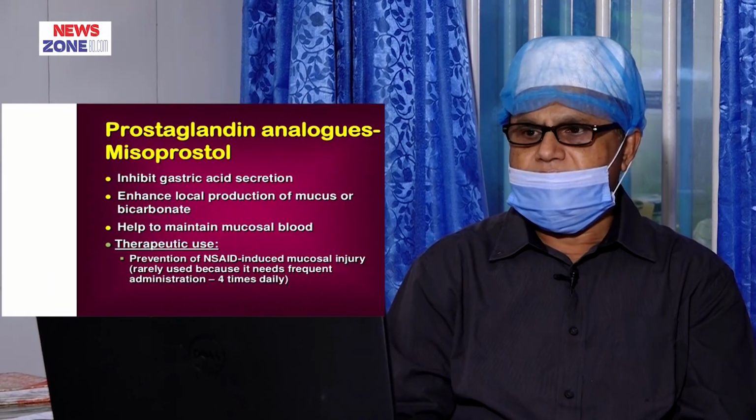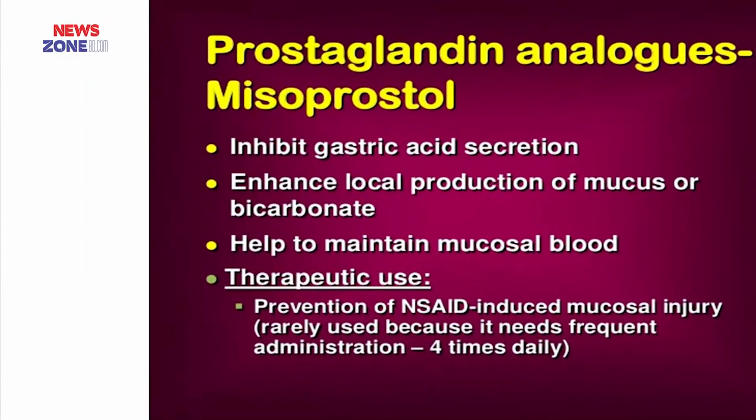Prostaglandin analog, misoprostol, that is a mucoprotector, inhibits gastric acid secretion, enhances local production of mucus and bicarbonate, and helps to maintain mucosal blood flow. Therapeutic use of misoprostol: prevention of NSAID-induced mucosal injury.